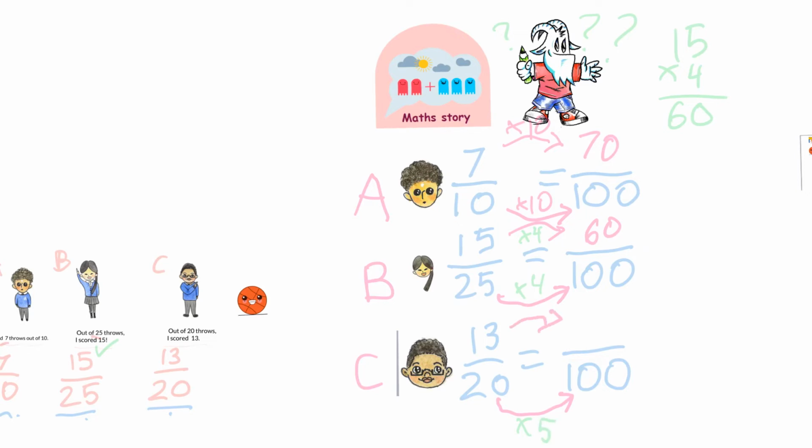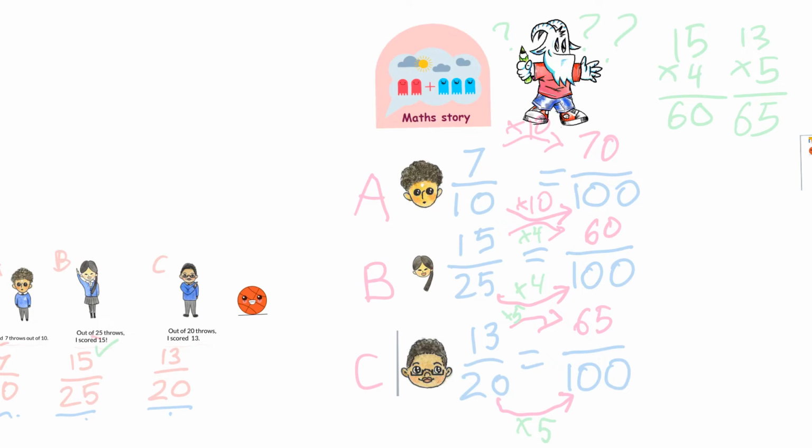So whatever I do to the denominator, I have to do to the numerator. And now, 13 times 5. This is a perfect moment to do your own calculation. Pause the video, have a minute, and if your answer is 65, you're absolutely correct.